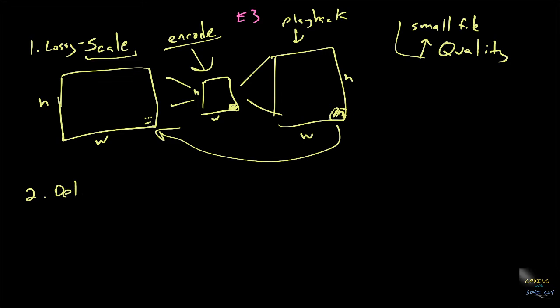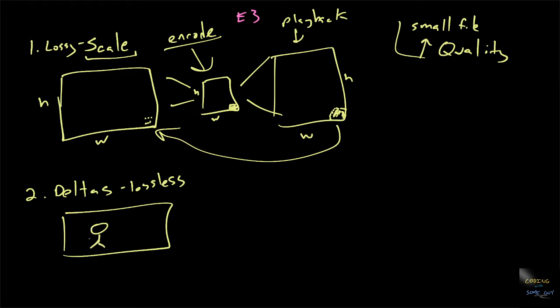I'm just going to quickly go over it, but we basically talked about deltas, and this is really a lossless technique. In this, we were looking at the scene and saying, okay, from one frame to the next, most of the scene doesn't change. Like say in our example, we had a guy who was waving.